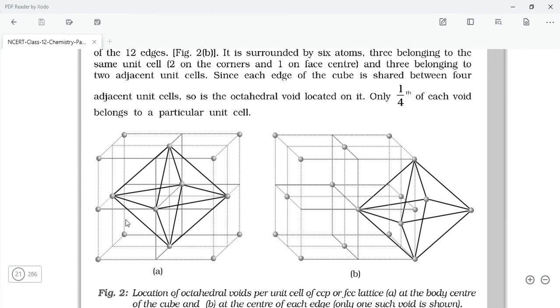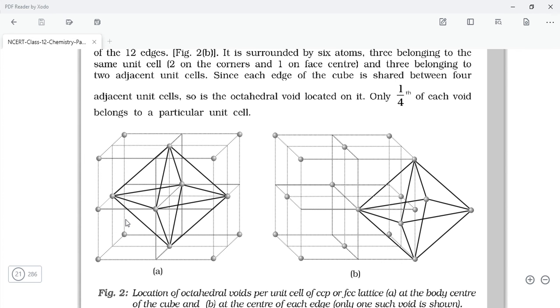Now listen to this carefully. We are taking a face-centered primitive unit cell, where you get one atom at the center of each face of the cube. Now, if you join the centers of those anions or particles placed on all the faces of the cube, you will get an octahedron, and the void will be an octahedral void. So at the center of the cube you get the octahedral void.